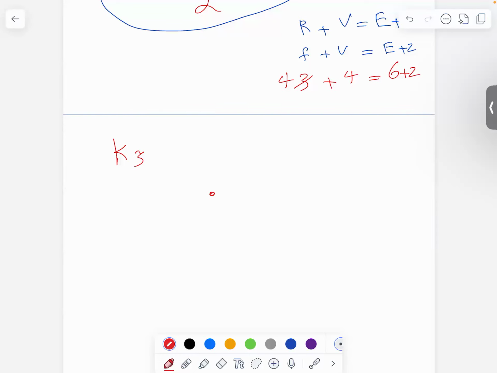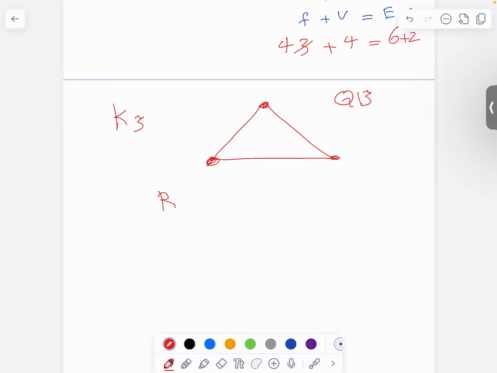How many regions do you see here? Any question, any answer? Okay, so there is one region here and one outside. One inside and one outside.